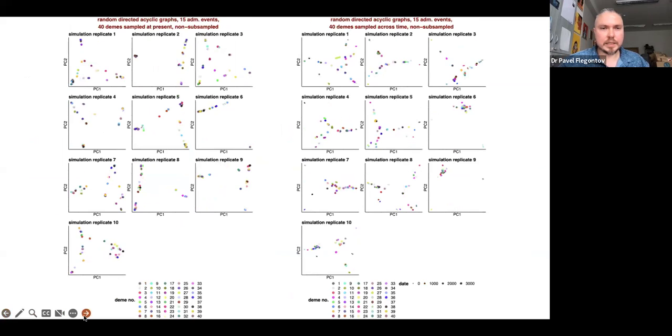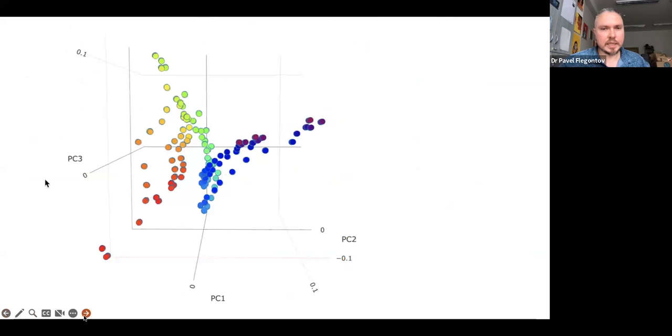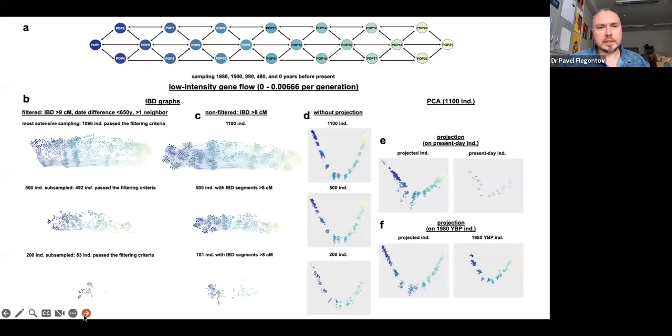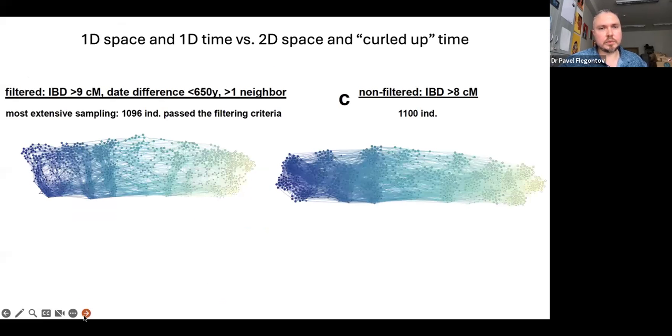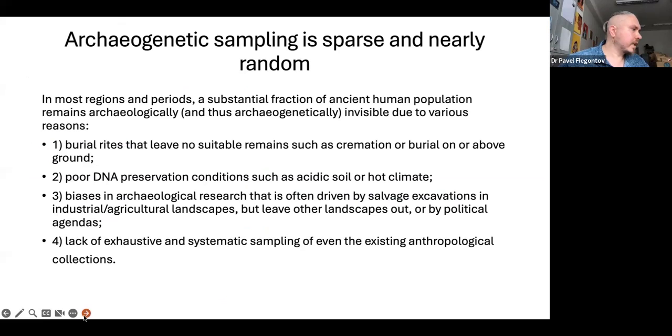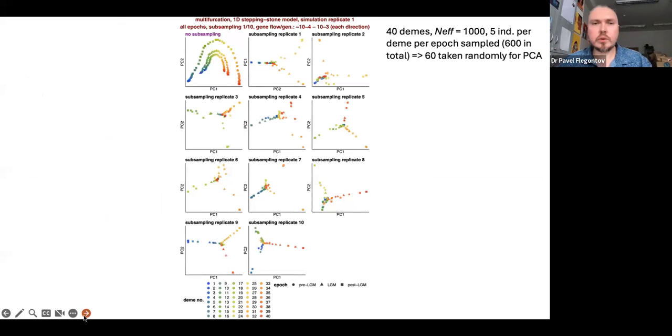So in PC space, under aggressive subsampling, the data becomes indistinguishable between landscapes and trees. So we lose information about the kind of process that generated the data.